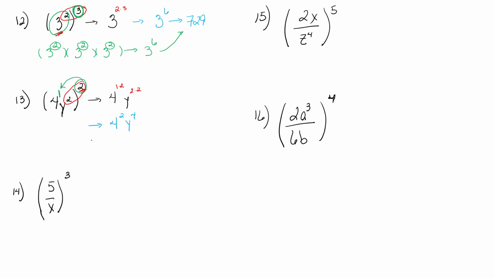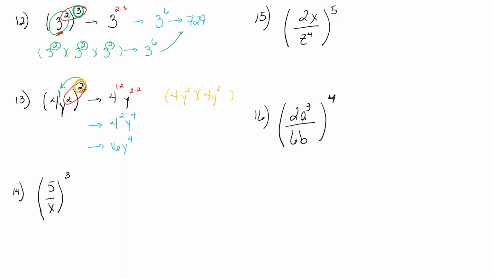And yes, you will have to simplify 4 to the second because that's a simple enough problem to work on, and they won't even have to say simplify that. Does this make sense? By the way, let me look at this just a little bit differently. This power of 2 tells me I have two parentheses, and inside each parenthesis is a 4y squared.